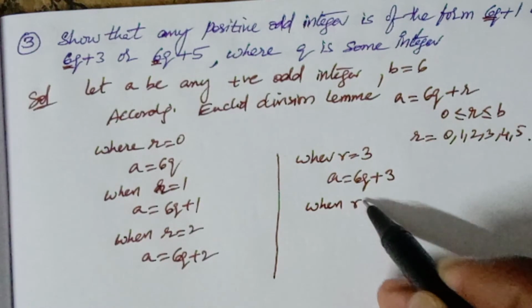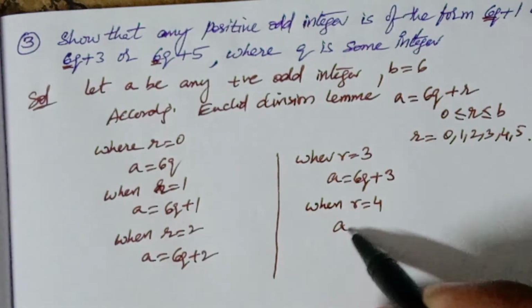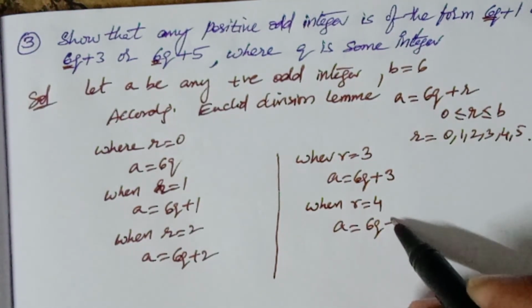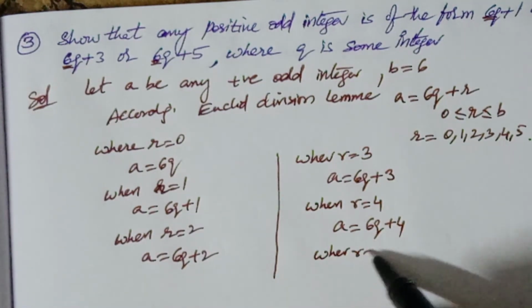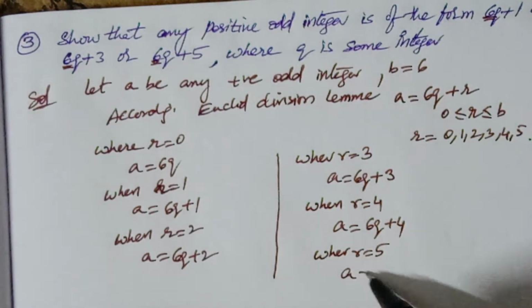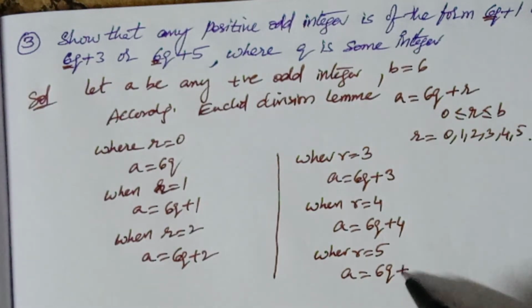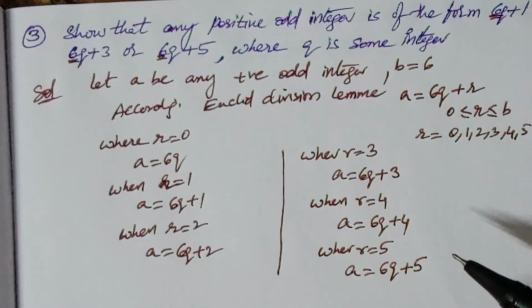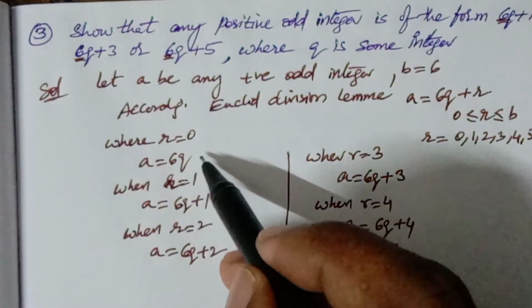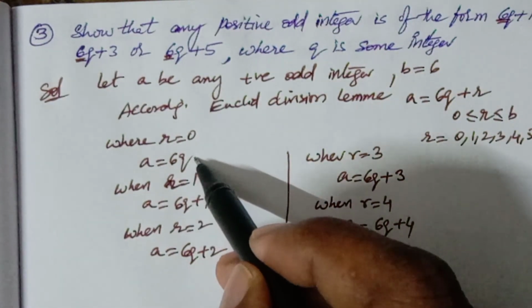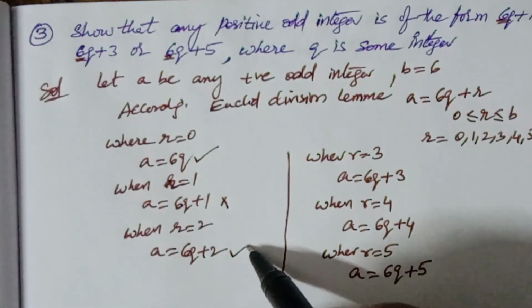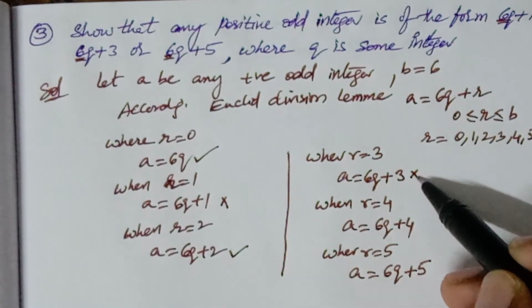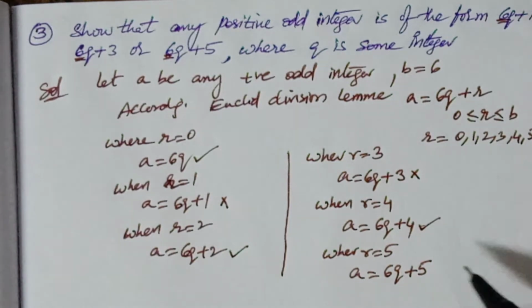When r is equal to 4, a is equal to 6q plus 4. When r is equal to 5, a is equal to 6q plus 5. So here you can see this is divisible by 2, this is not divisible by 2, this is divisible by 2, this is not divisible by 2, this is divisible by 2, this is not divisible by 2.